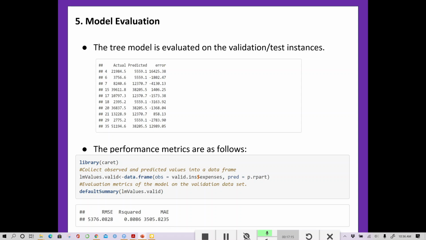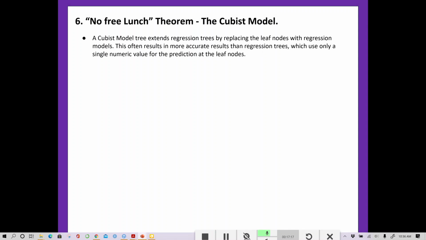So at this point, we might ask, can we do better? And that is where the Cubist model comes into play. Remember the no free lunch theorem, that no particular predictive model is one-size-fits-all, fitting every data set. So we look to the Cubist model to see if it can improve performance on this data.